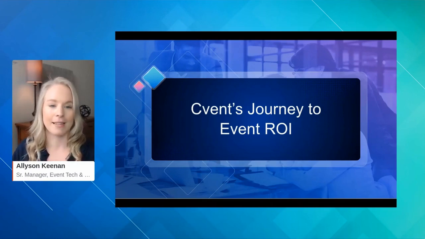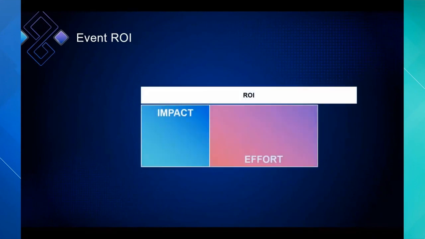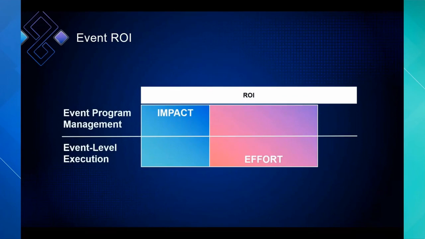So with that, let's go ahead and get right to the basics. Event ROI, that is where we're going. That's what we're going to end up getting to, hopefully. And with event ROI, we're not just looking at the outputs, so number of leads, MQLs, revenue, objectives, but we're also looking at the inputs, what goes into an event, the time, the resources, the money.